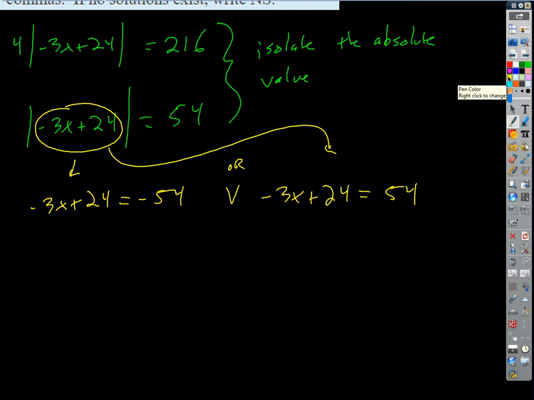There's a real strong motivation to try to get rid of that negative because it's inside an absolute value, but remember, we can't do that, because we're dealing with a variable there, and it's going to change the values of the variable that make this true if I make that a positive 3 instead of a negative 3. So we can't touch that.